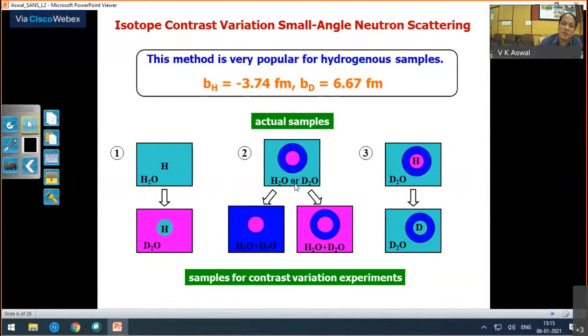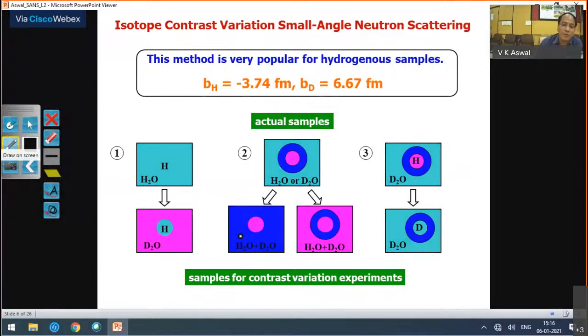So you take a ratio of H2O and D2O to match the scattering length density of the solvent with the shell. Then you only see the core part. In the next, with a different mixture of H2O and D2O, you can take a scattering length density where the scattering length of your solvent will be the same as that of the core, and then you see the shell. So you can simplify it as only the core or only the shell.